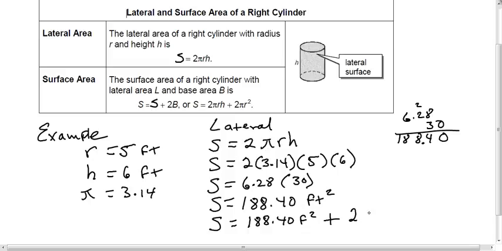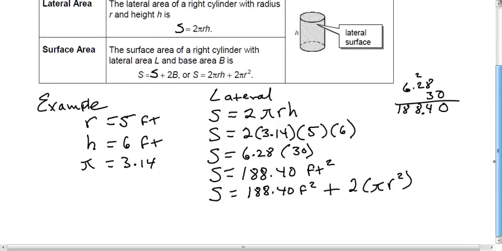So 2 times the area of a circle, which is pi times radius squared.